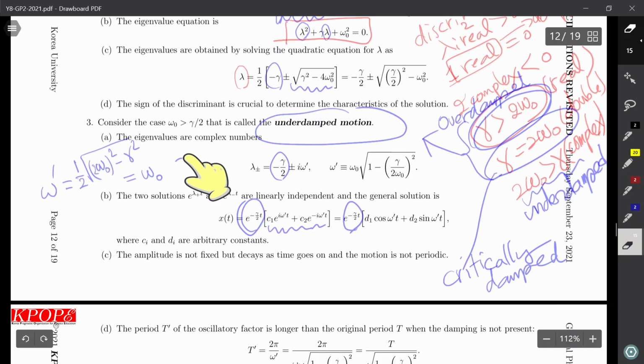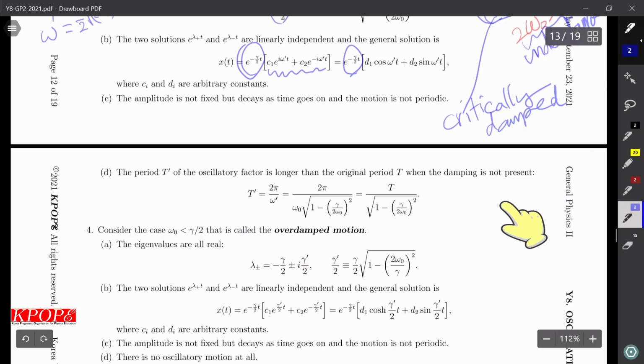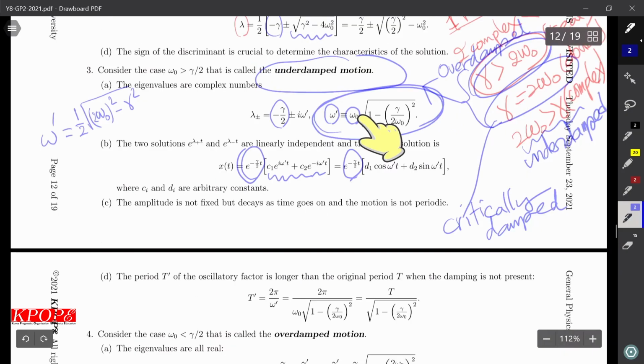It is already written below. Omega prime is in here. This is omega prime. You know, omega prime is slightly smaller than the original characteristic frequency omega 0.